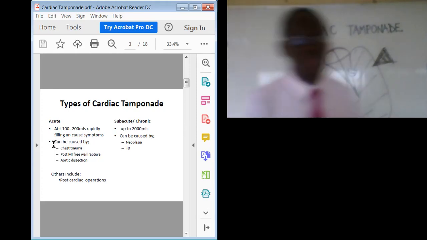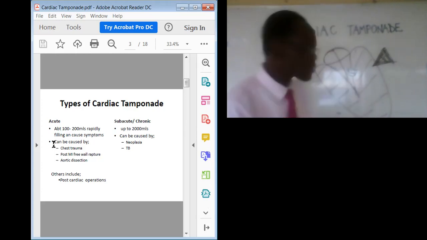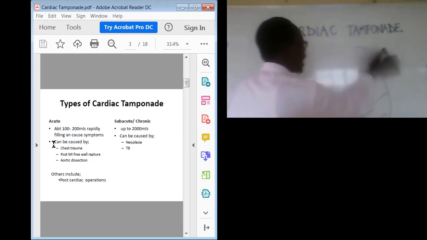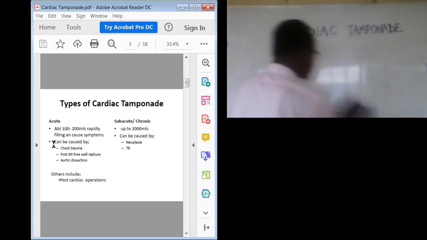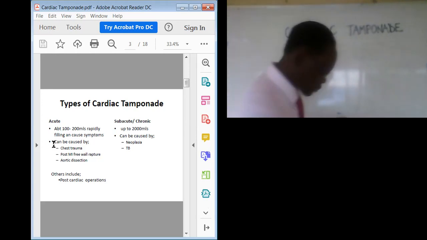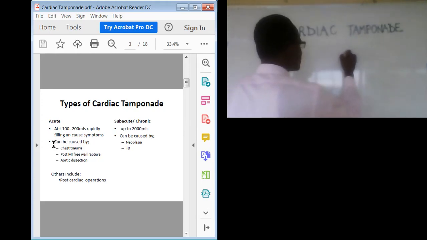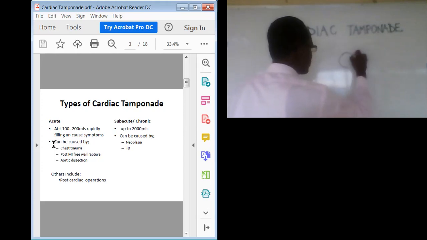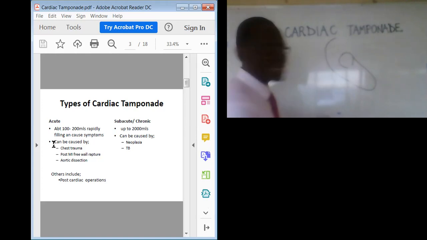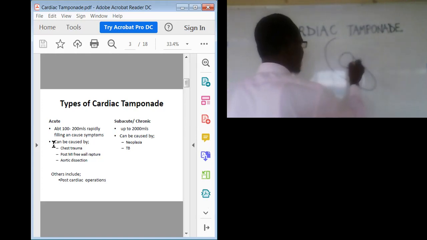And so the other one is aortic dissection. By aortic dissection, this is what we mean. Assuming this is your heart and this is your aorta, yeah?